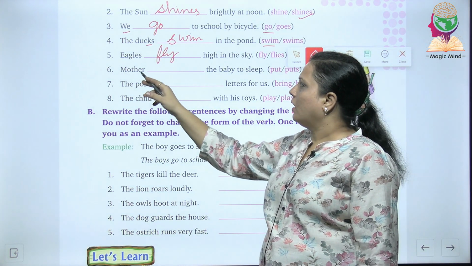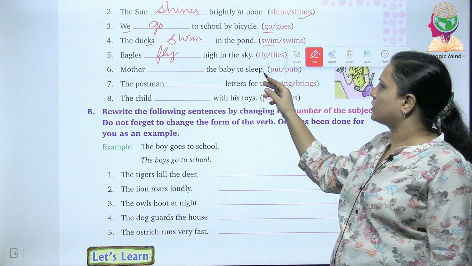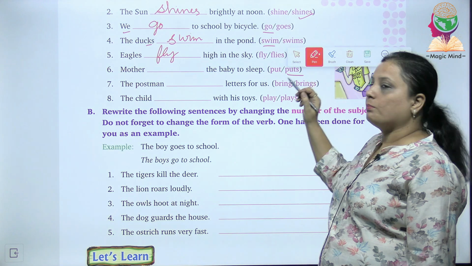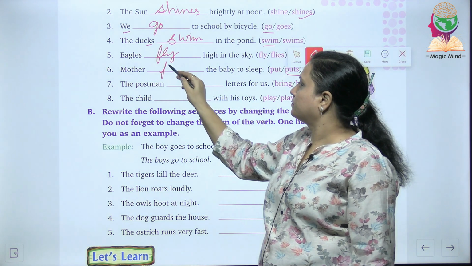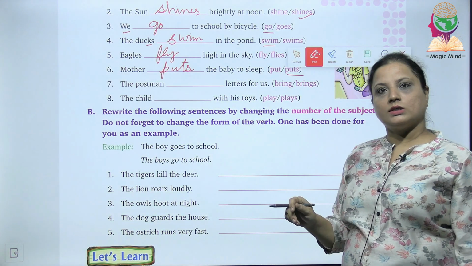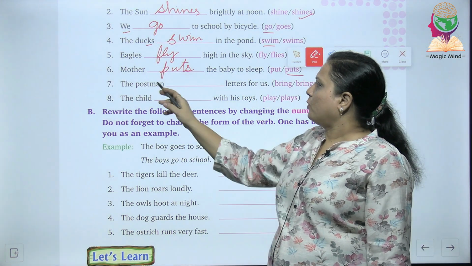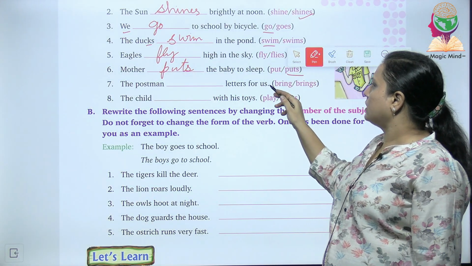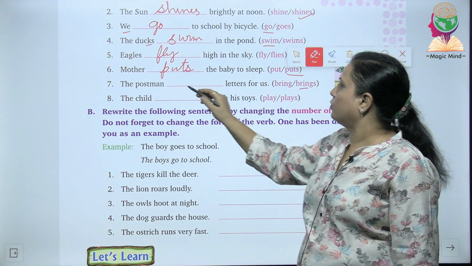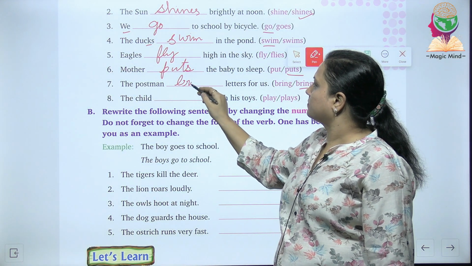The sixth one, mother dash the baby to sleep. Mother is a singular noun, so we will put here puts. P-U-T-S. Mother puts the baby to sleep. The postman dash letters for us, singular noun. So we will write here brings. The postman brings.